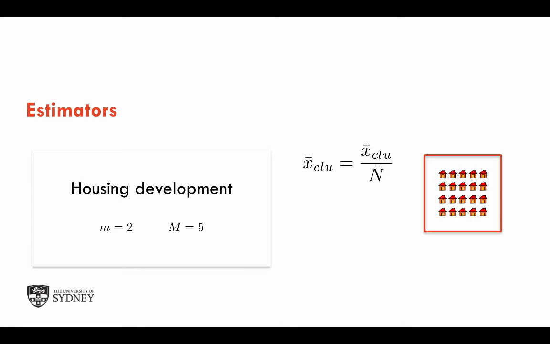And x bar bar, so the average number of individuals with age above 65 in each house, is given by the average of the cluster divided by the average size of the clusters in the population. Or if you want to see this estimator in a different way, you can think of the average number of individuals with age above 65 in each one of these houses as given by the sum across all the sample, as we've seen before.